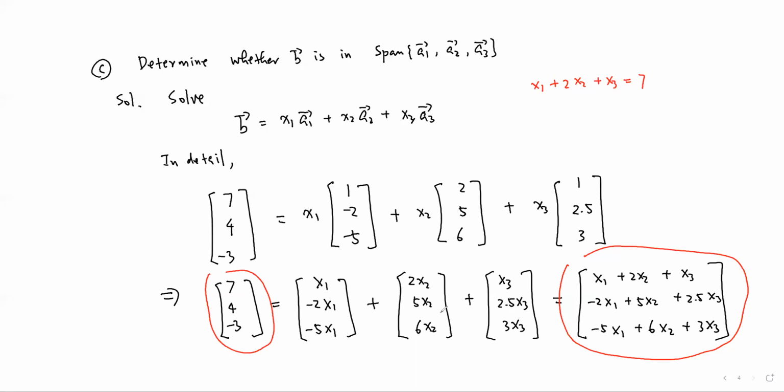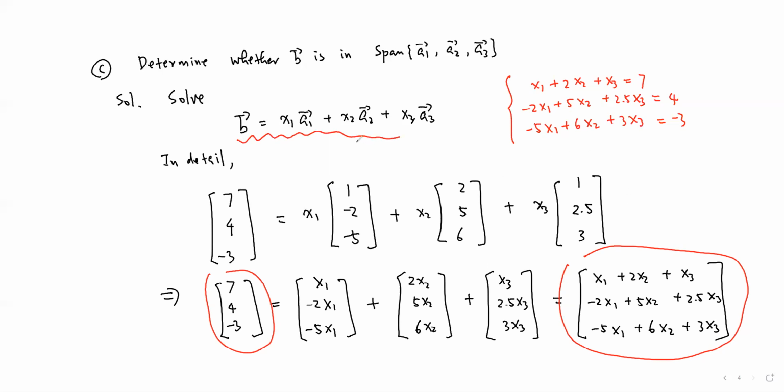Second equation from the second entries: negative 2 X1 plus 5 X2 plus 2.5 X3 is 4. The third equation is from the third entries: negative 3. Yeah, a linear system. So this vector equation is a linear system.